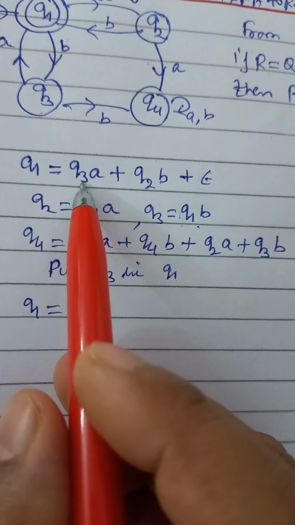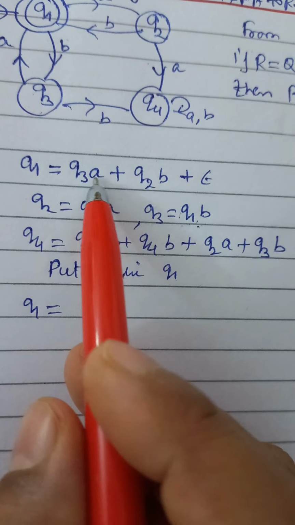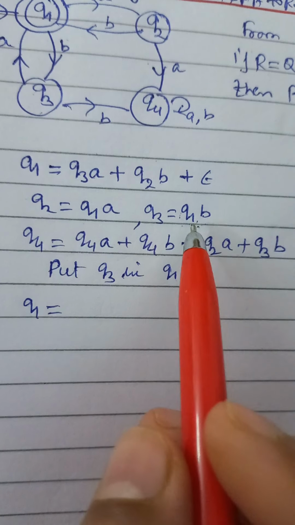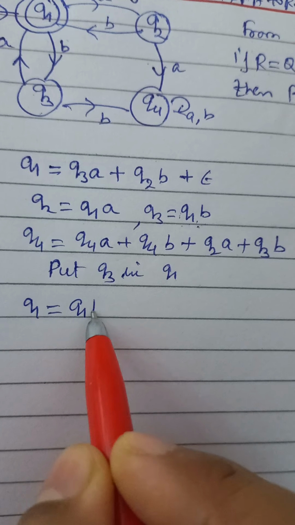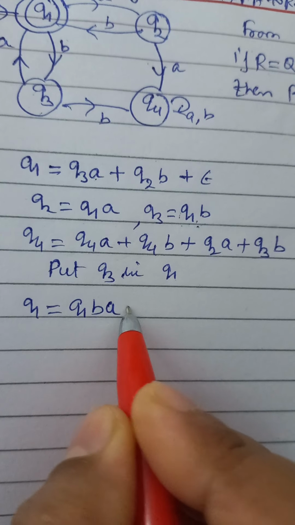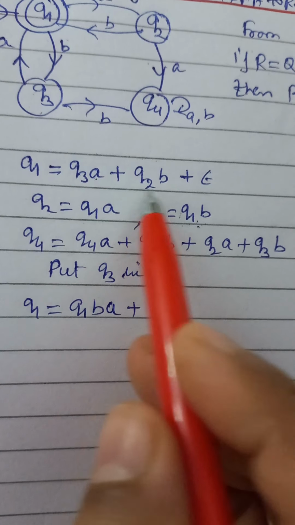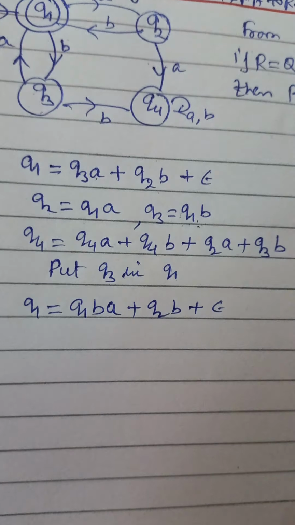So instead of Q3, we will put Q1B. Q1B dot A plus, what is left, Q2B plus epsilon.